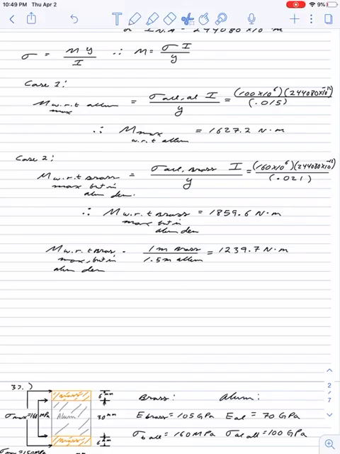And so we could say that the maximum moment with respect to brass is less than the maximum moment with respect to aluminum.